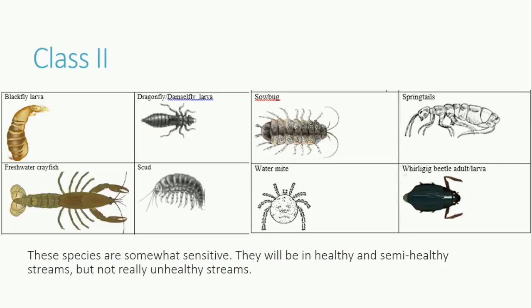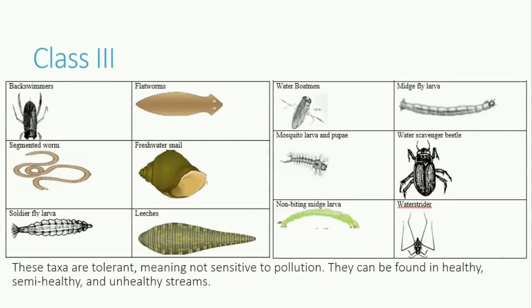They can be found in healthy streams with Class 1 species and in streams that aren't quite as healthy. Class 3 species are tolerant, meaning they're not sensitive to pollution like Class 1 species. It's important to note that Class 3 species could also be found in healthy streams with Class 1 and Class 2 species, but they can also survive in low oxygen, polluted, and/or sandy environments.